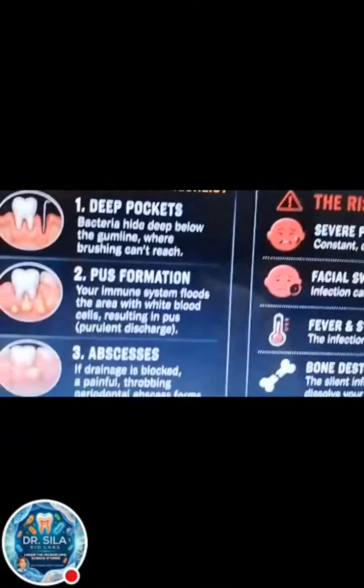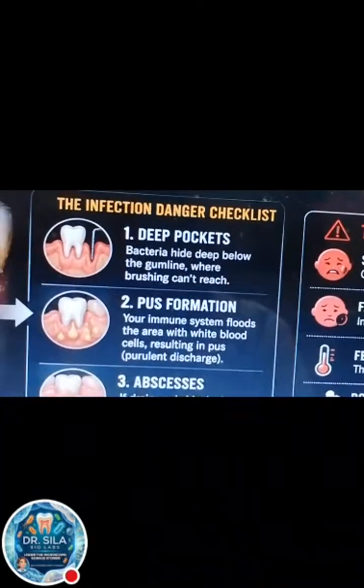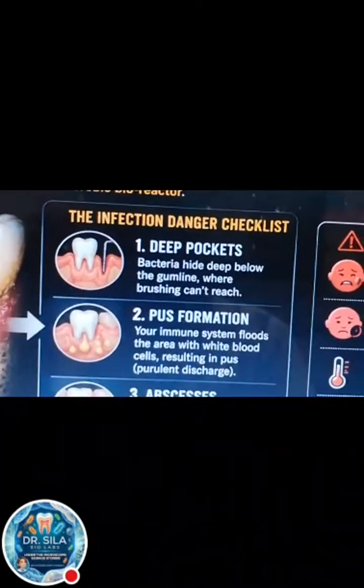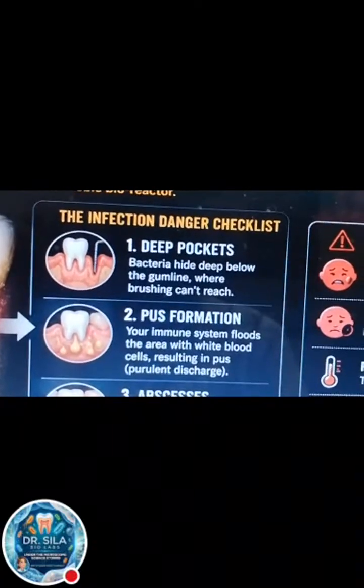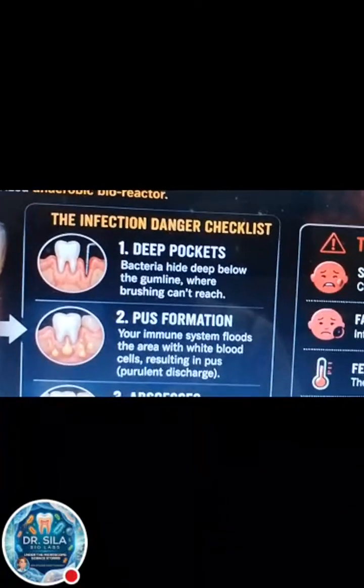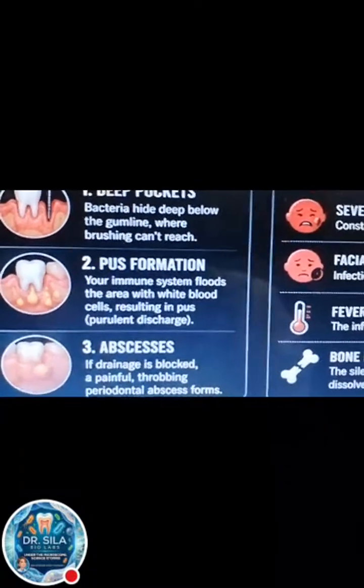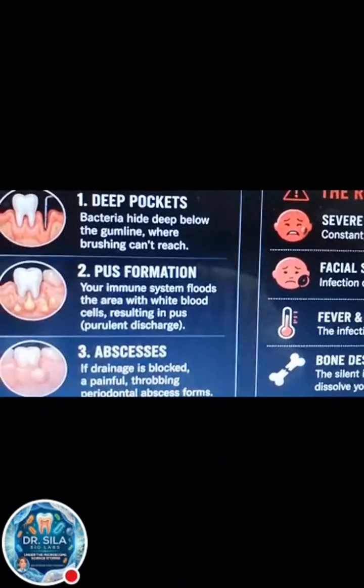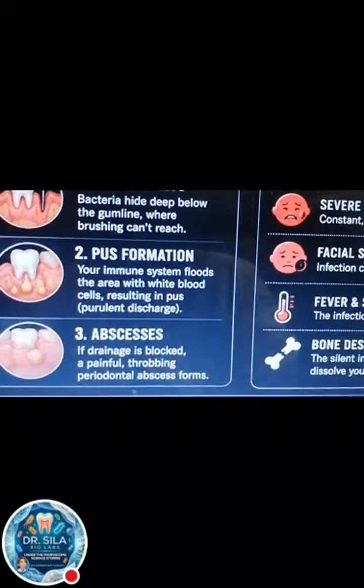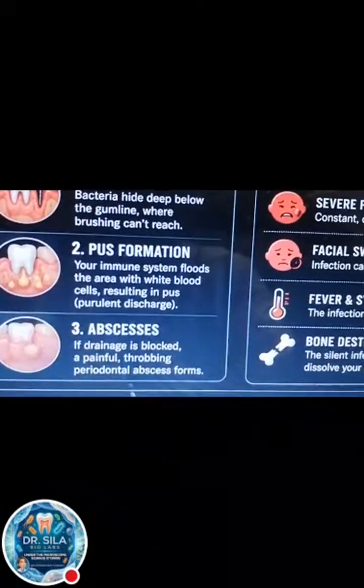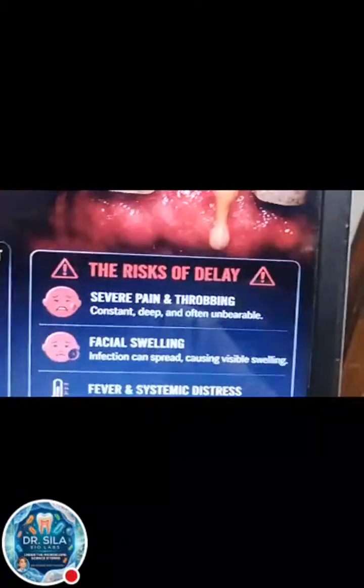Deep pockets, pus formation, abscess. Bacteria hide deep below the gum line where you can't reach them through brushing. Pus formation, with white blood cells resulting in pungent discharge. Abscess: if drainage is blocked, a throbbing, painful periodontal abscess forms.